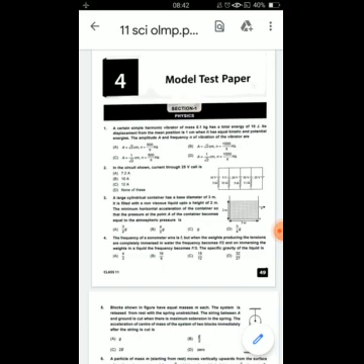So we need to calculate first of all by the parallel formula: 1 by equivalent resistance equals 1 by R1 plus 1 by R2 plus 1 by R3 plus 1 by R4 plus 1 by R5.